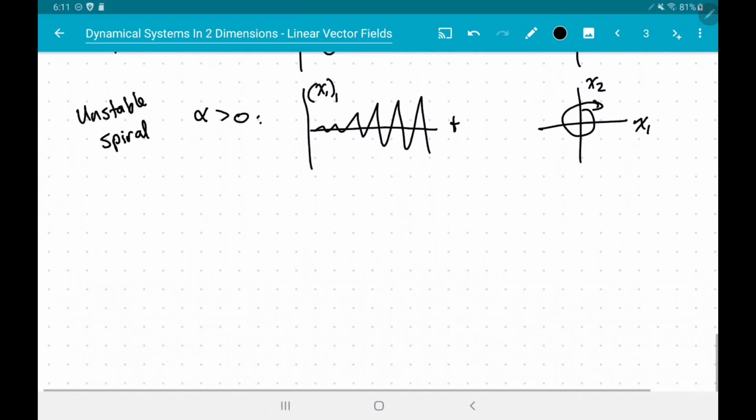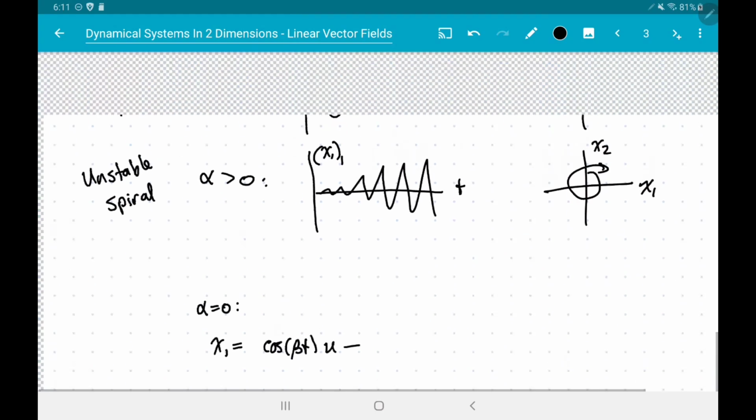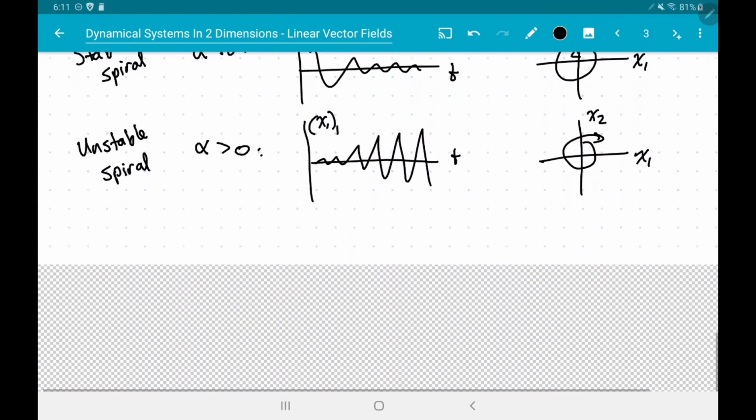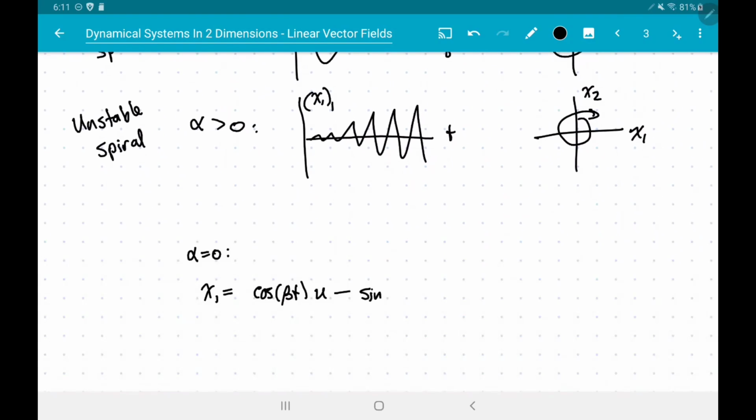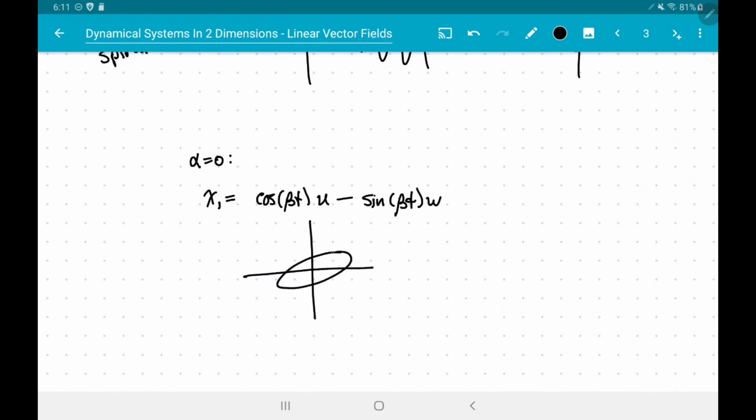If it happens that alpha is equal to 0, well, then the solutions are simply cosine beta t times u minus, I believe I'm getting this right, minus sine beta t times w. And in this case, there's no growth or decay. The solutions simply trace out ellipses.